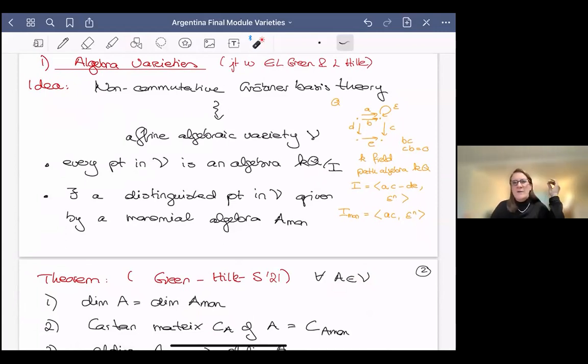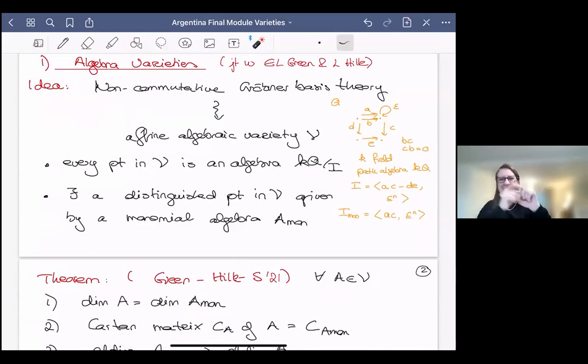So what is the Cartan matrix? The Cartan matrix is, in some sense, an important quantity associated to a finite dimensional algebra. Namely, it records the dimension of the homomorphism spaces between the projective indecomposables.